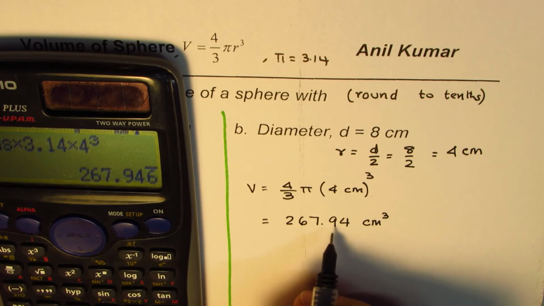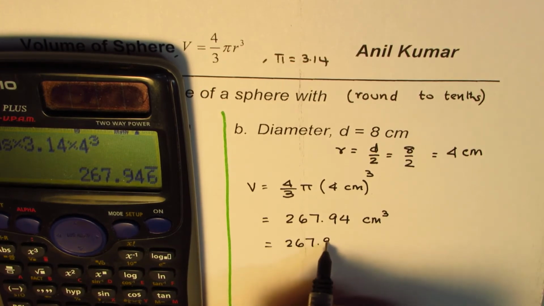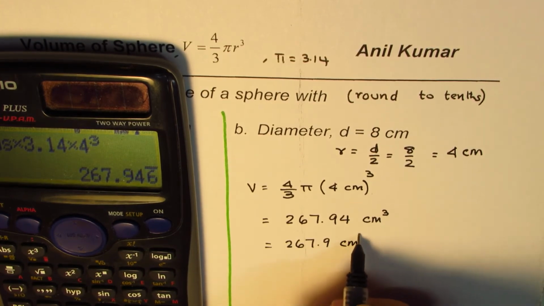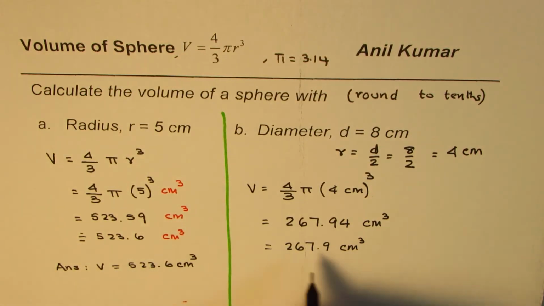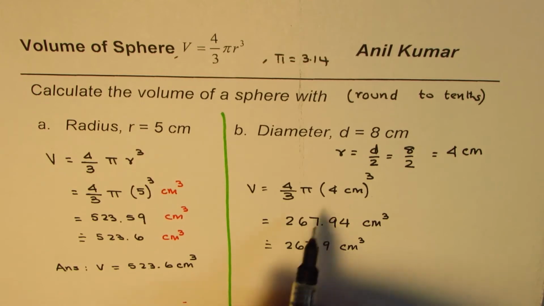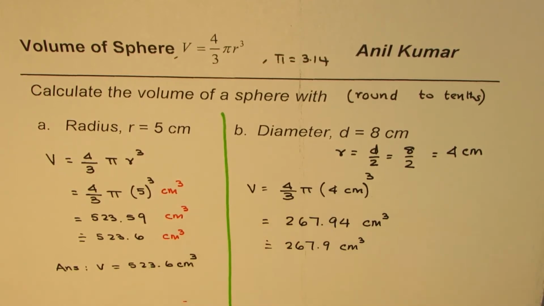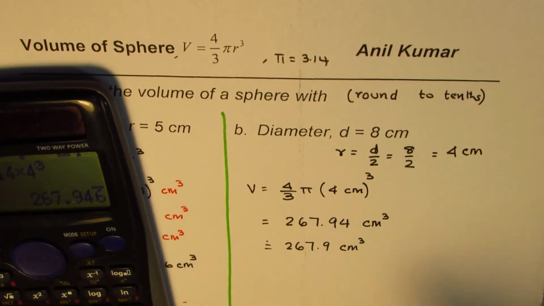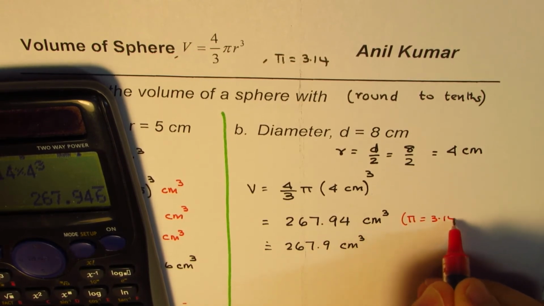Rounding this to one tenth will give us, because this 4 is less than 5, 267.9 centimeter cube. I hope the steps are clear, right? So that is approximate, since we took an approximate value of pi, 3.14. This is with pi equals 3.14.